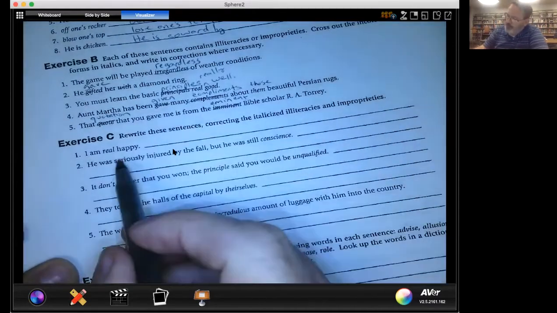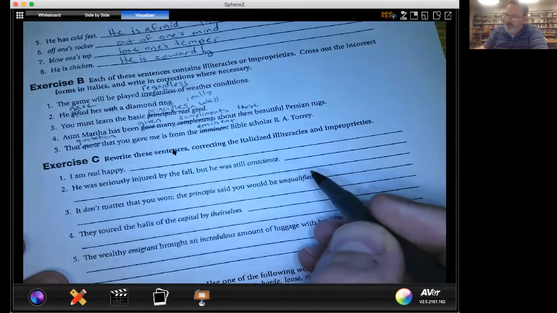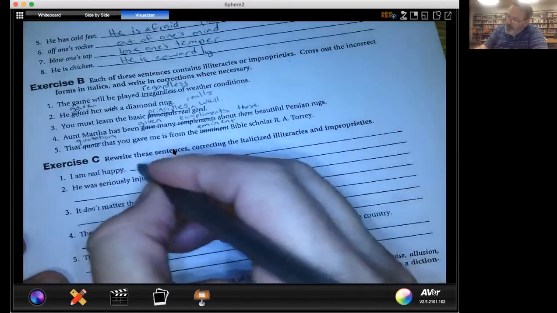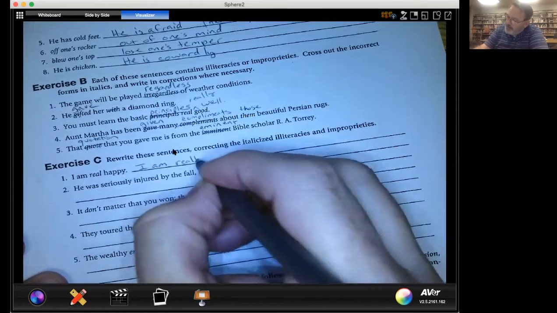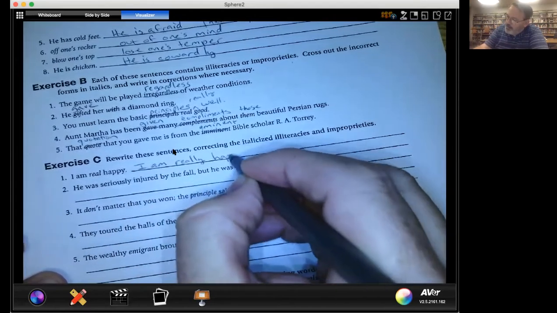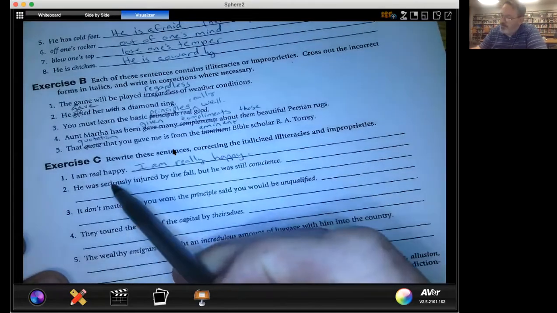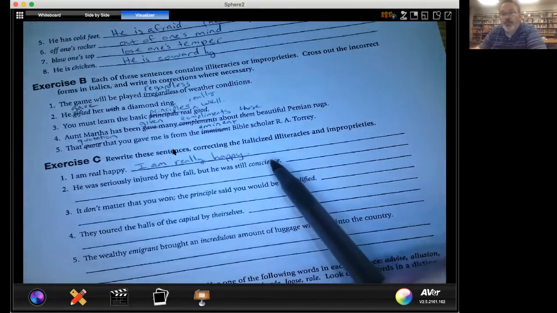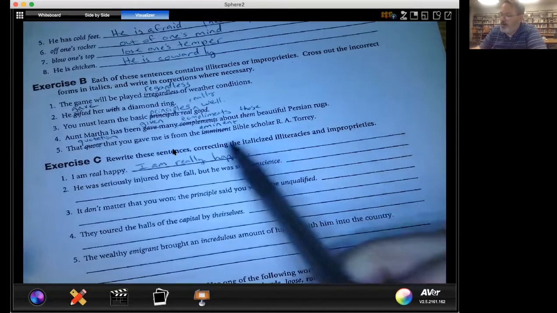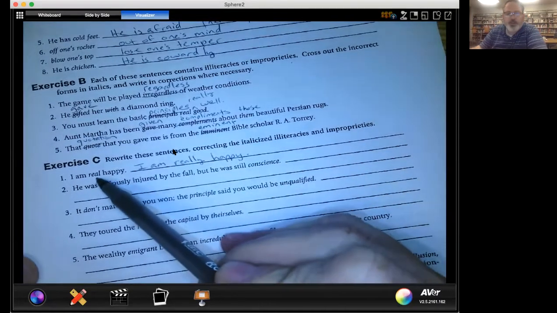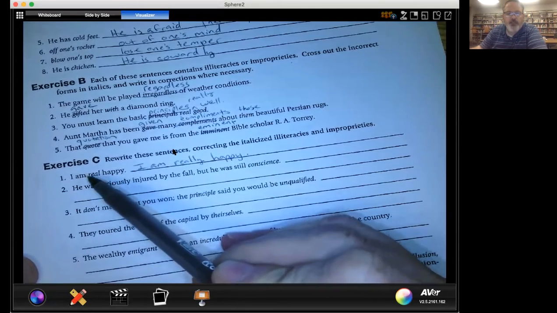Now, I am real happy. Rewrite these sentences, correcting them. I am really happy. And there are other things you could have written if you were in complete control. You could have said, I am very happy, although very is a horrible word to use. Use it sparingly, okay? But because the word is real, we just needed to do the smallest possible adjustment to make it right. So, I am really happy.